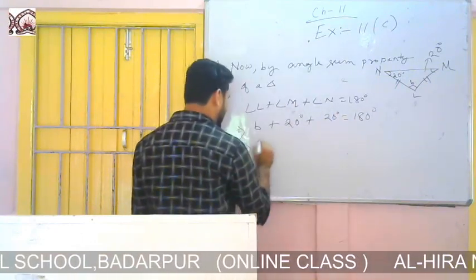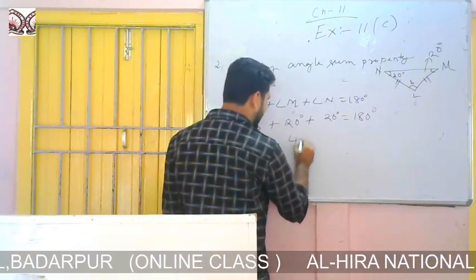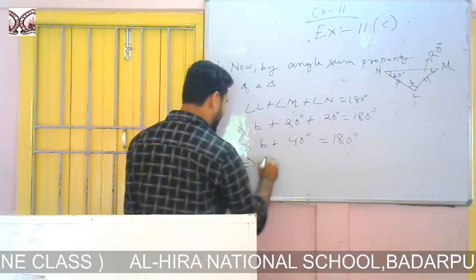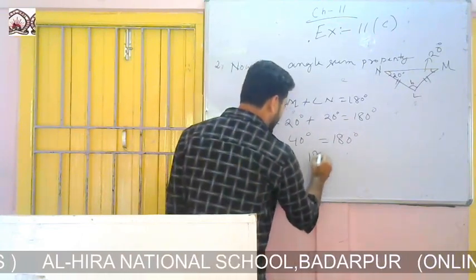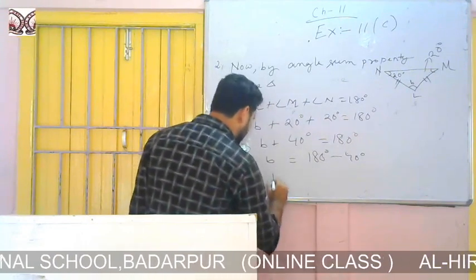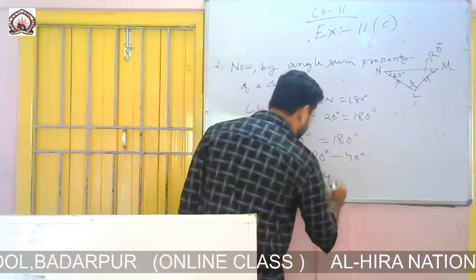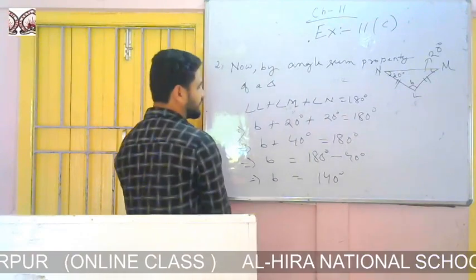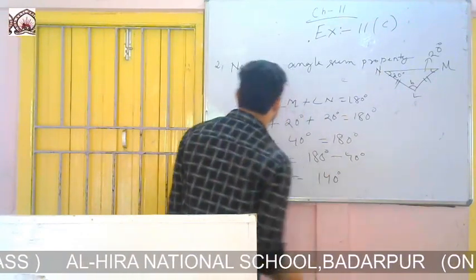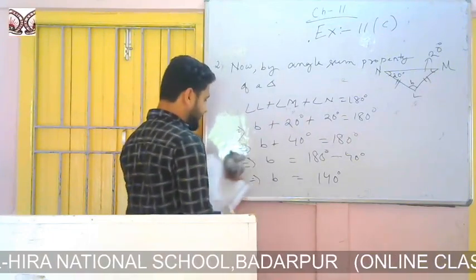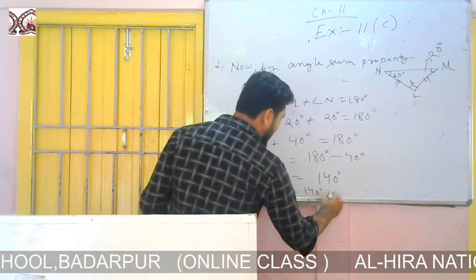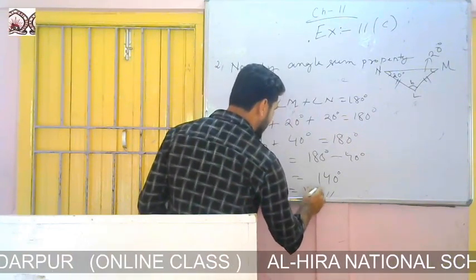If I add, I get 40 degree. If I subtract 40 degree from 180 degree, I get 140 degree. Therefore B equals 140 degree. Answer.